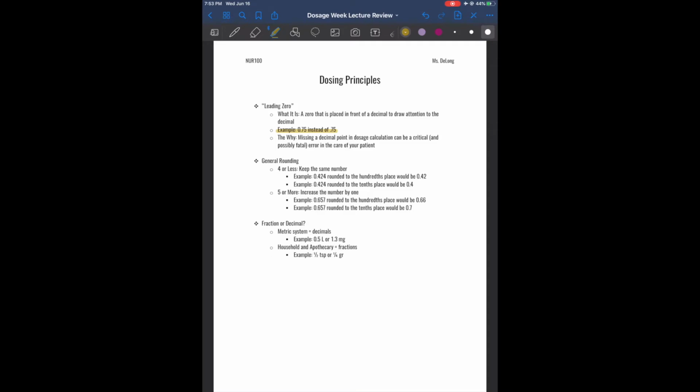A good example that I can think of is if I'm in the ER and I'm giving a medication called Ativan. And normally the dosing is 0.5 milligrams. See how that zero is here in front of the decimal, and it brings attention to it. Now, I would give Ativan for a patient that's combative, trying to hurt himself or hurt staff members.